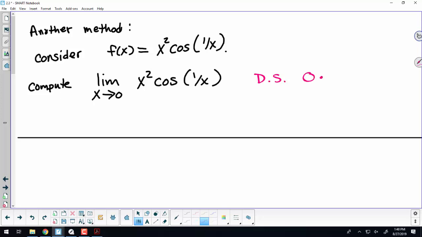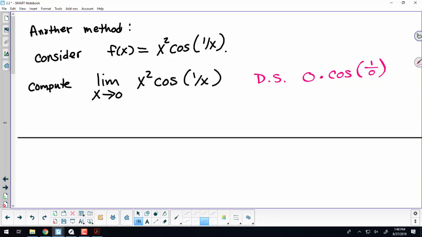I get 0 times the cosine of, and we might say, well, it's 0 times whatever, so it's always 0, right? But no, because cosine of 1 over x is really the cosine of 1 over 0. And so you have 0 times something that's not defined or doesn't exist.